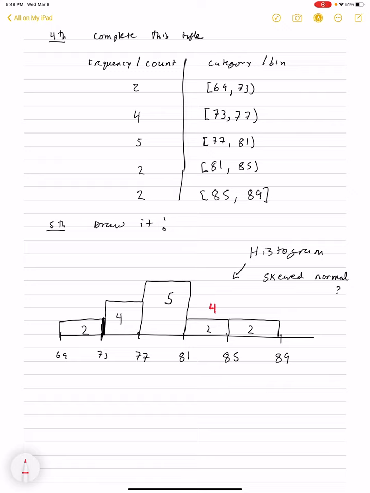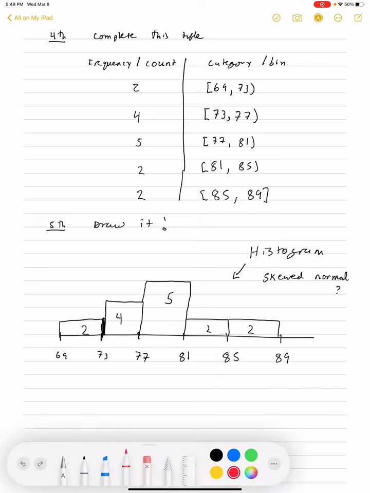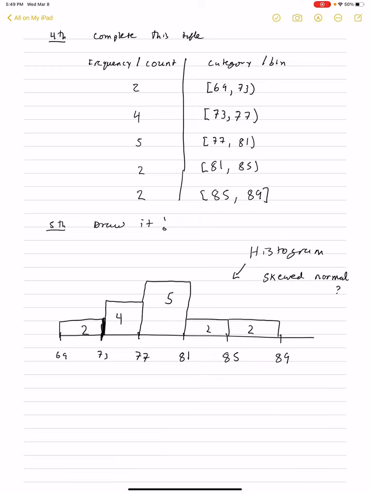Or is it possible that 4 and 3, 4 and 2, for example? So this is a rather small data set. So it seems like it could be a normal distribution, but it does resemble a skewedness to it. Okay, right? So being off by 2 observations, is that due to random chance? Or is it in fact a feature? Okay, feature or bug, right?